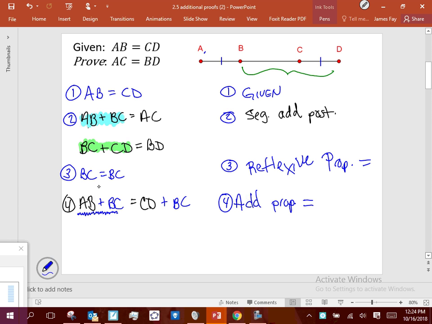If we look up, we've got AB plus BC right here, right? What is that statement also equal to? See that? So AB plus BC, previously we've said it is the same thing as AC. So let's write that.